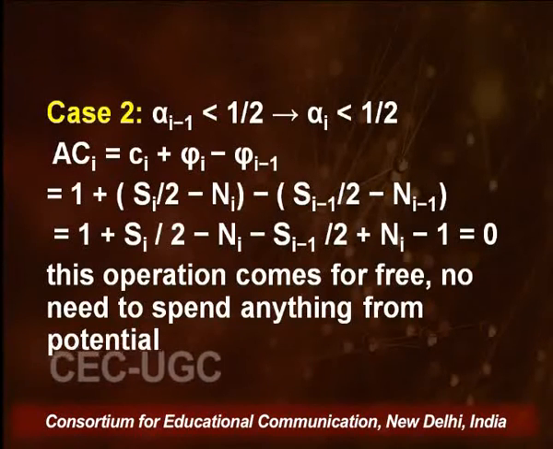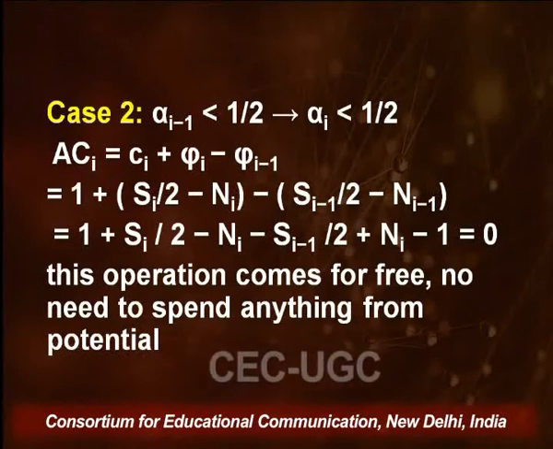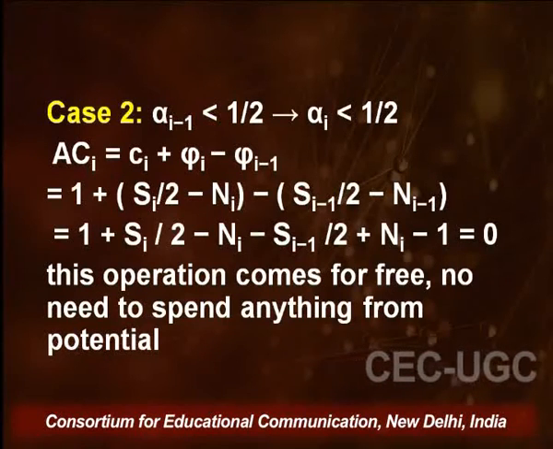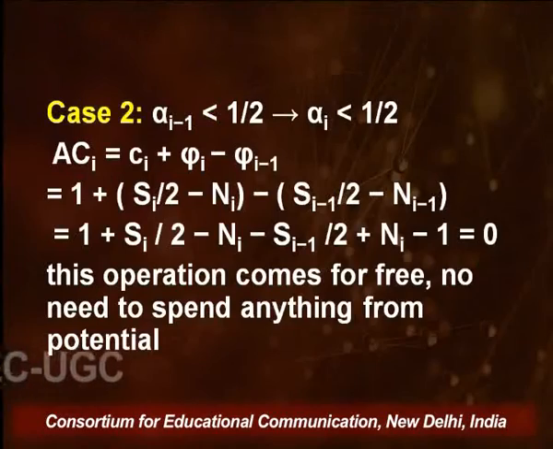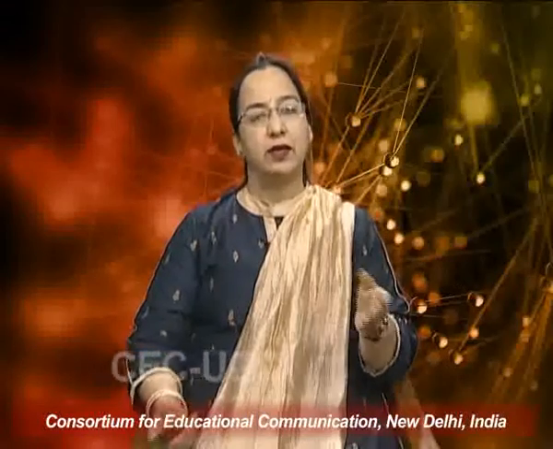Now you can see the constant terms of 1 are going to get cancelled. s_i by 2 is essentially equal to s_i minus 1 by 2. So one term is positive, another one is negative, this is going to get cancelled, and then earlier we have minus of n_i, then we have plus of n_i. So all these terms get cancelled, and we are going to get 0 as the amortized cost.